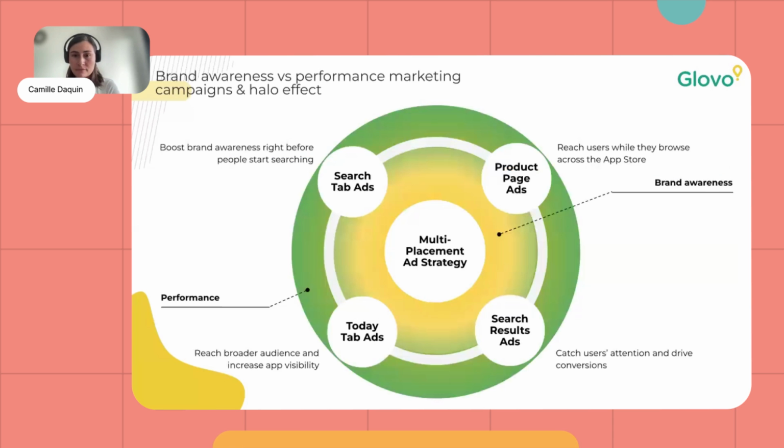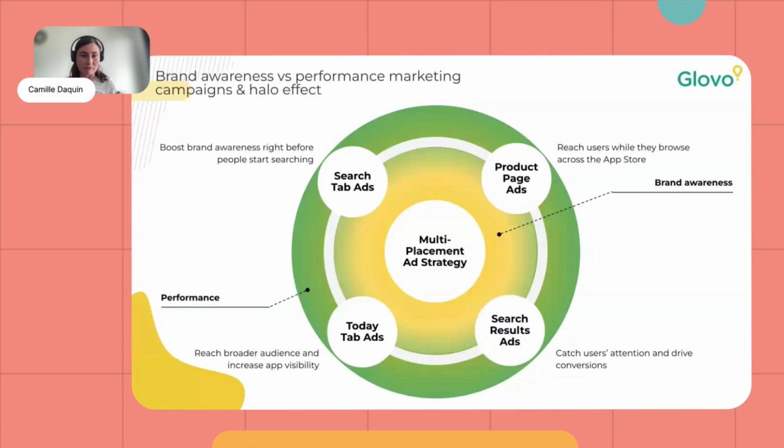And so a bit more into the halo effect. What we've seen at Glovo is that there is a clear halo effect from the brand awareness campaigns to the performance ones. You see the brand awareness at the center of the screen. Since it boosts visibility and traffic, it also supports user base expansion.